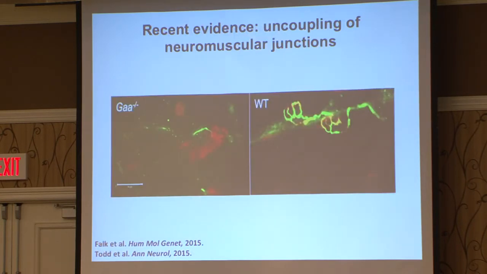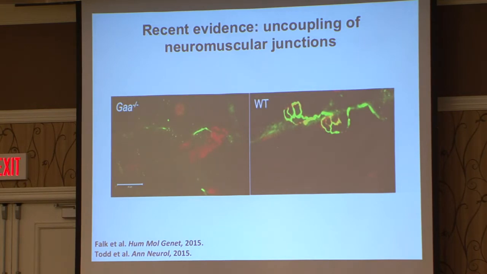We also have some evidence that the connection between the neural axon and the motor end plate of muscle is uncoupled. I think we can demonstrate that on this image. On the right side of the image, this is from a mouse, we see this glowing green. That's actually the presynaptic area of the neuromuscular junction, the neural area of the neuromuscular junction.